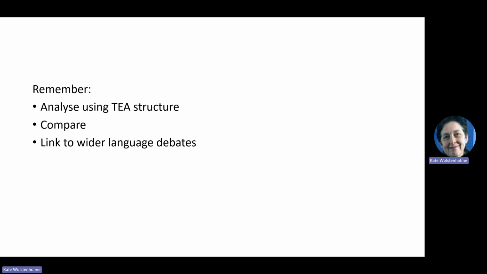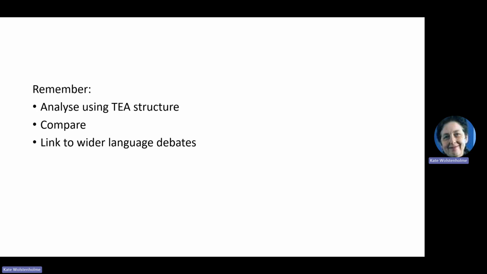So always comparing, always text A does this and text B also does this, or text A does this, but in text B, the point is made differently. So 15 marks for that, plus link to wider language debates. So that's the naming the positions, right? Saying this is a prescriptivist, declinist view, or this is a deficit view, or whatever's relevant, right?